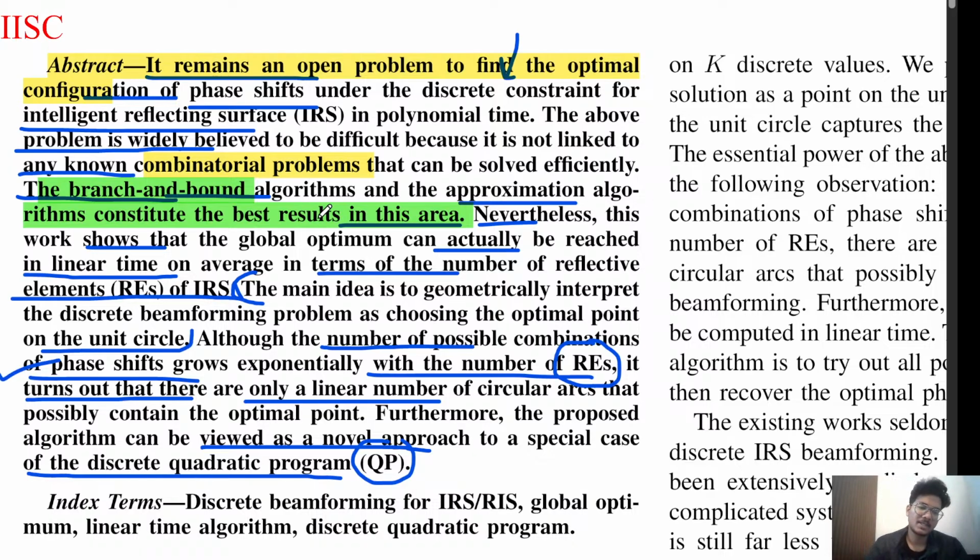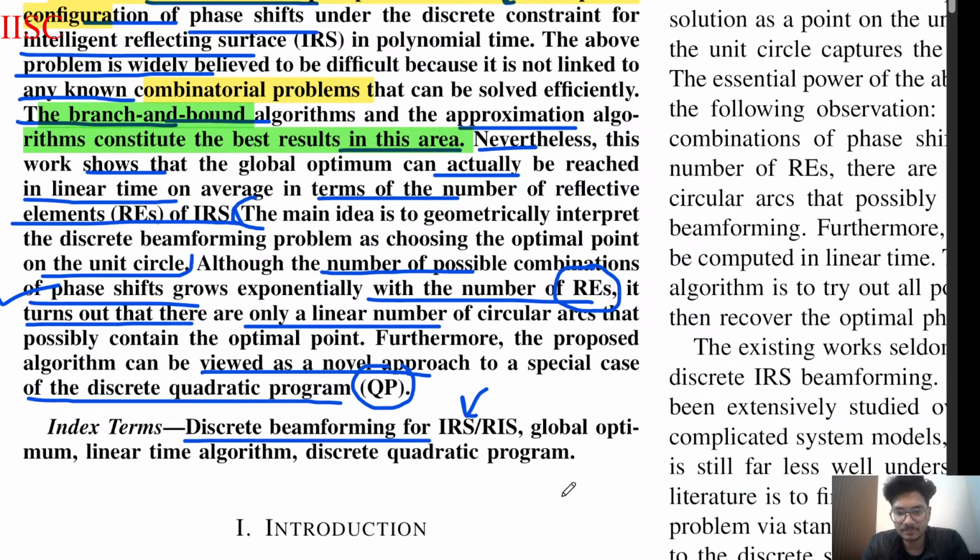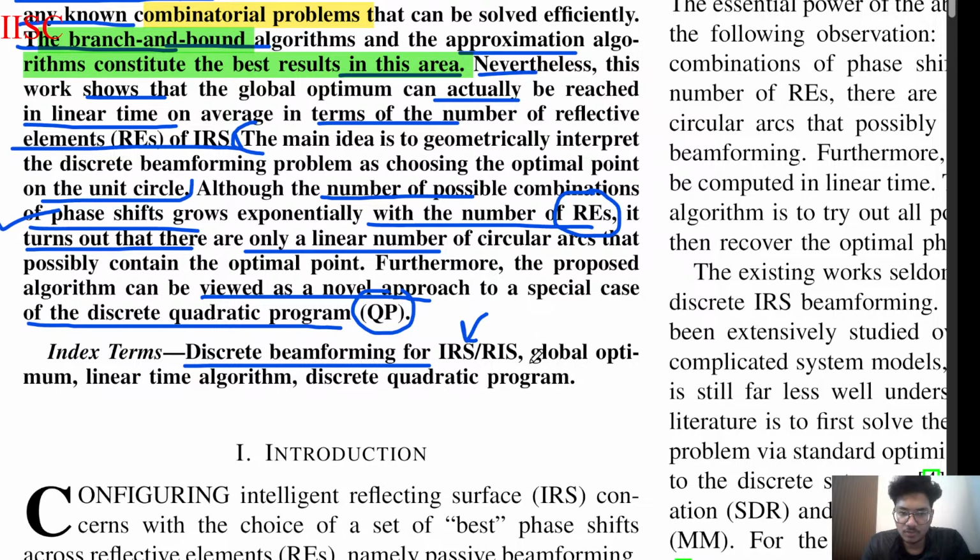Okay, the index terms that we are using in this are: discrete beamforming for the IRS, intelligent reflective surface, or RIS, which stands for reconfigurable intelligent surface. Global optimum, that is the final optimal answer, is termed as a global optimum.